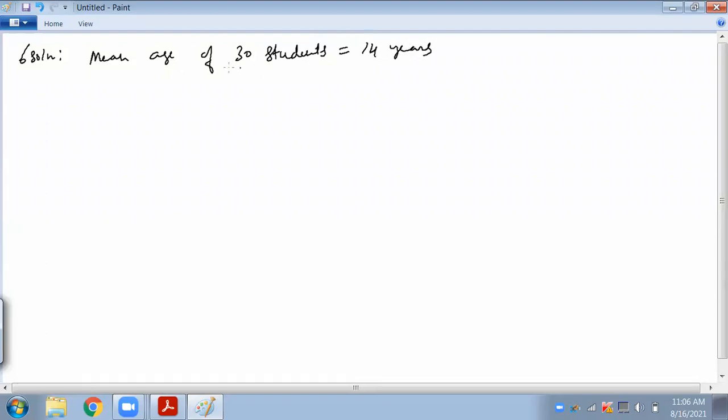Since the mean age of 30 students is given, we can find the total age of 30 students, equal to 30 into 14 years. 30 into 14 is 420 years.